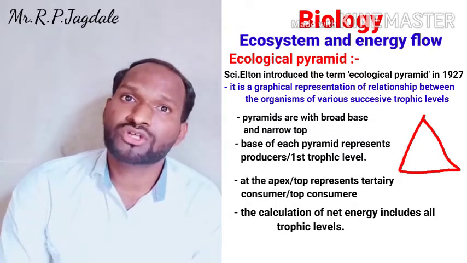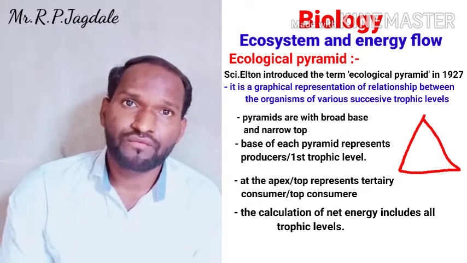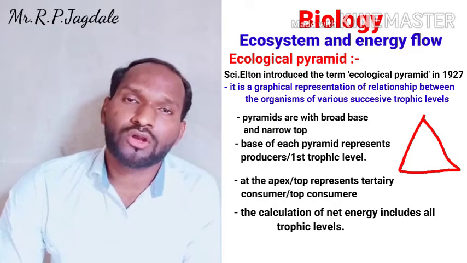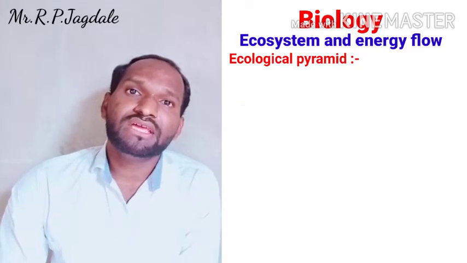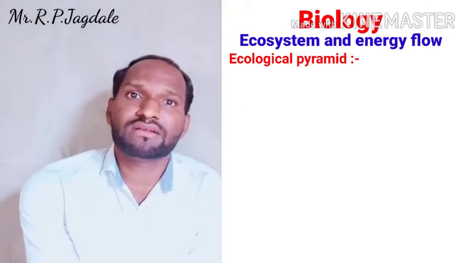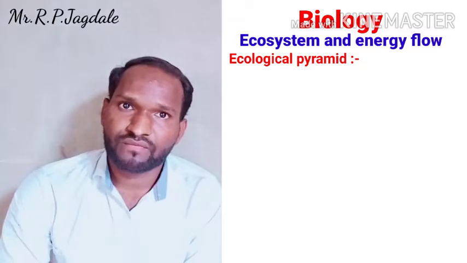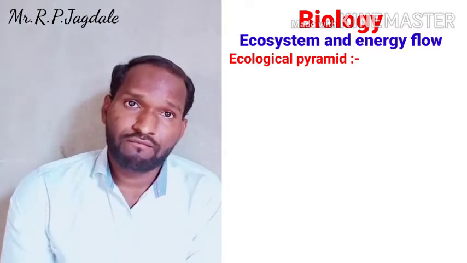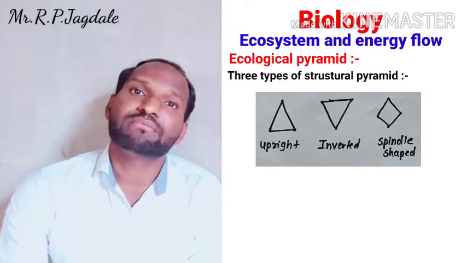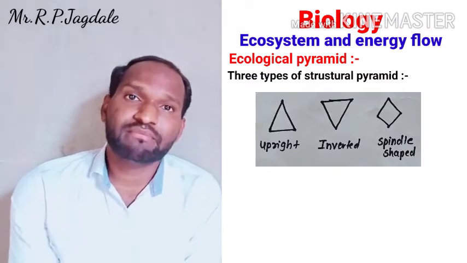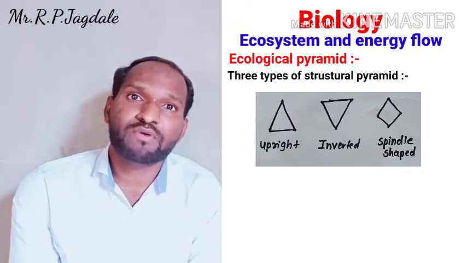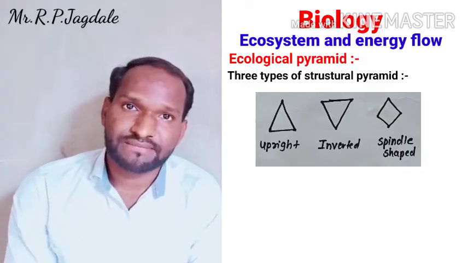While studying ecological pyramids, we generally get three types of structural pyramids. What are they? The first structure is the upright pyramid. There are some ecosystems where the upright type of pyramid is seen.